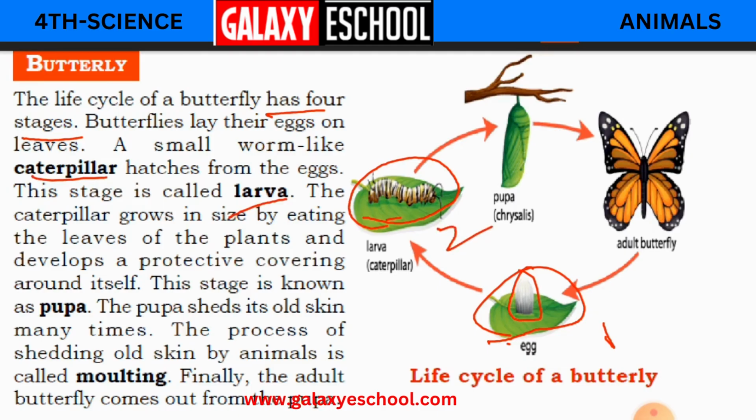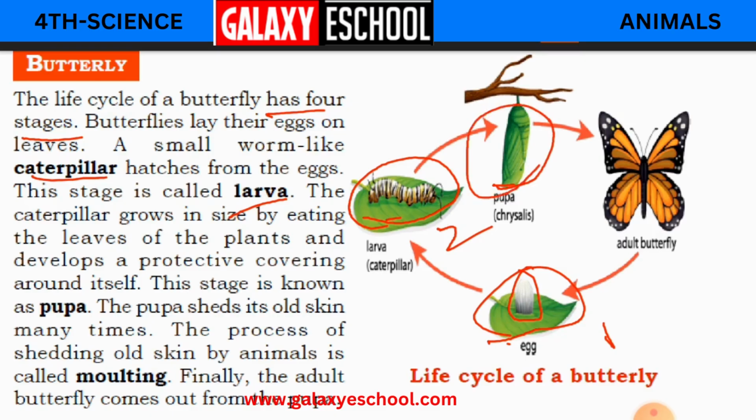And the caterpillar grows in size by eating the leaves of the plants and develops a protective covering around itself. So children, how does this small larva live? It is going to live by eating the leaves of the plants, because it is on the leaf. So it is going to grow by eating the leaves, and it is going to develop a protecting cover.